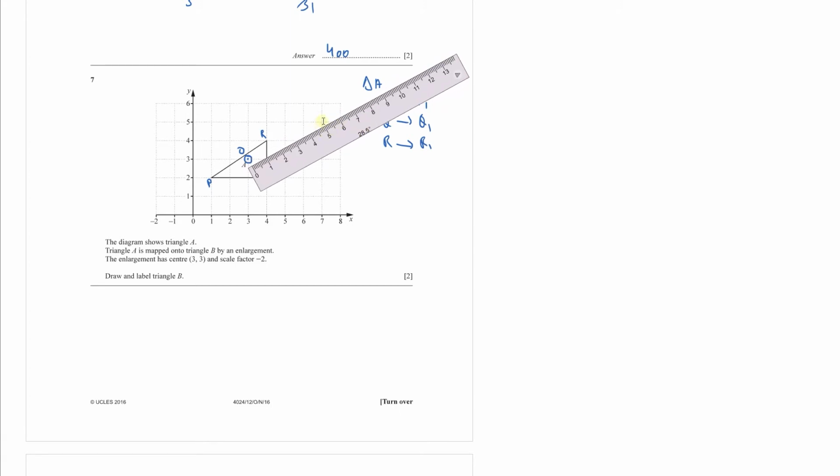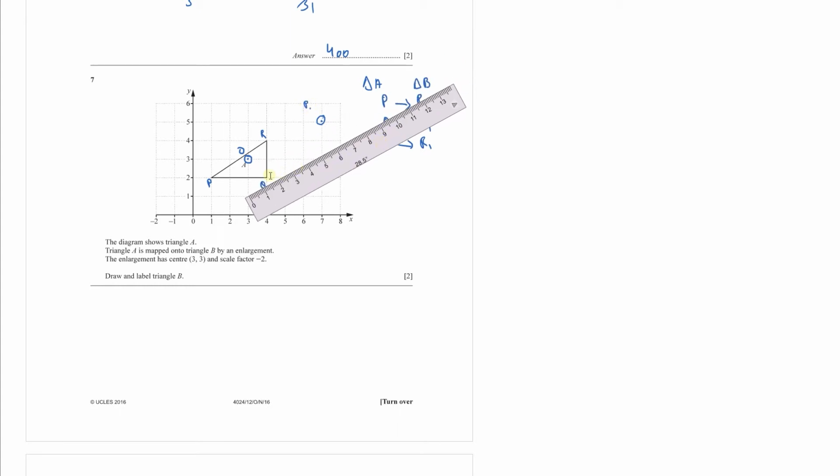So I get this point here. This point right here would be at (7, 5), my point P1. And then you can do similarly for Q. You connect Q with O and then you double the length on the other side.